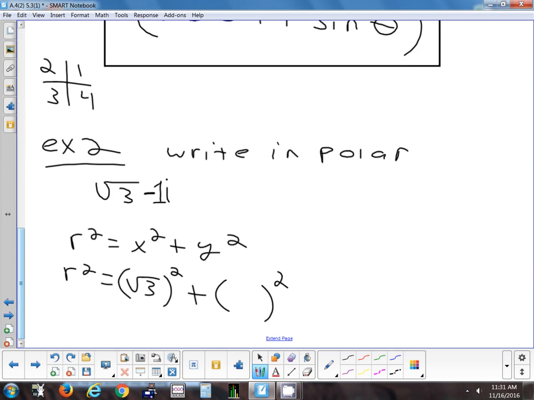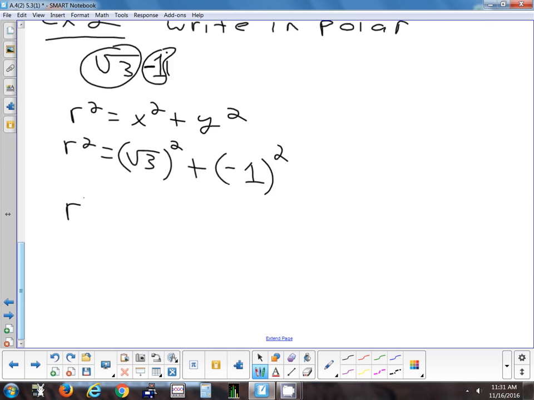Now, if you plugged in positive 1, it wouldn't matter because when you square it, the negative goes away. But try to plug in correctly. Okay. When you're finding your radius, don't ever plug the I in. It's just that number and that number. Okay, not the I. Okay, so what's the square root of 3 squared? 3.